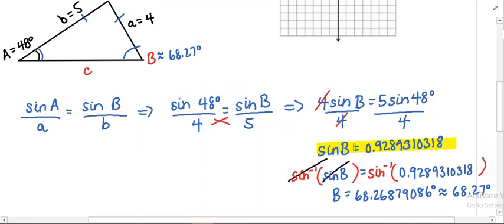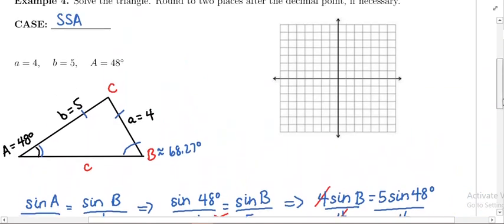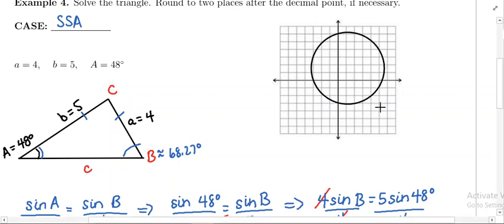The sine of this angle B is this number. If you were to look at this angle on the unit circle, you would know its y coordinate. This is just for illustration, to explain why there's a second triangle.